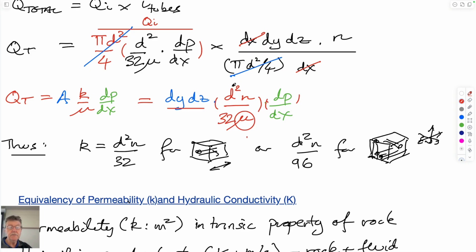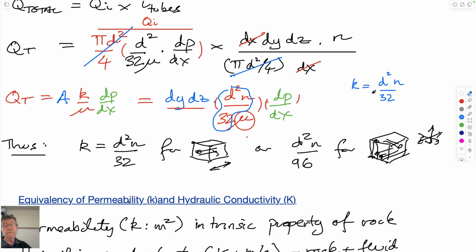So by definition, for us, the term which represents the permeability would be this. And so we have a capillary model which just says that if we take the diameter of our pore spaces squared, multiplied by porosity and divide by 32, we get a magnitude for permeability.